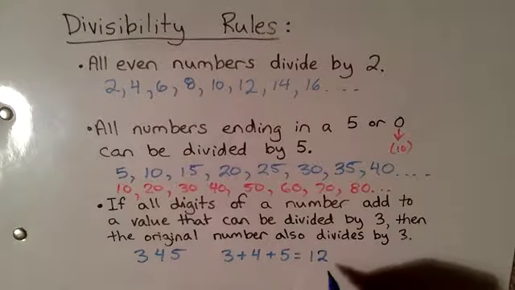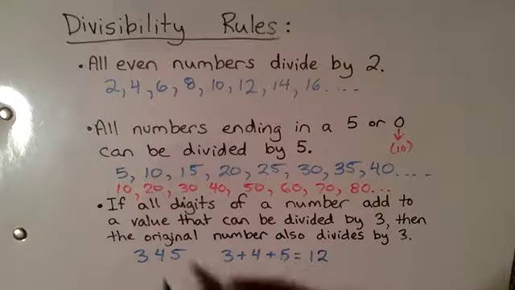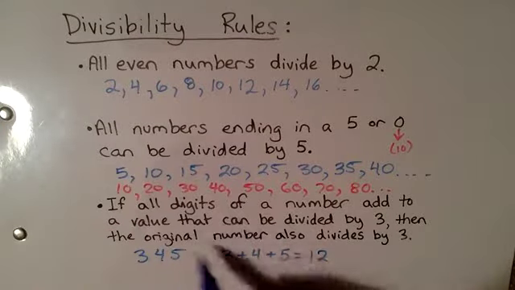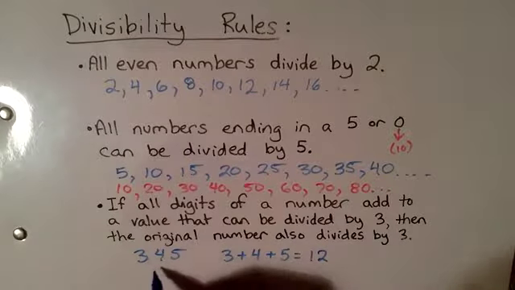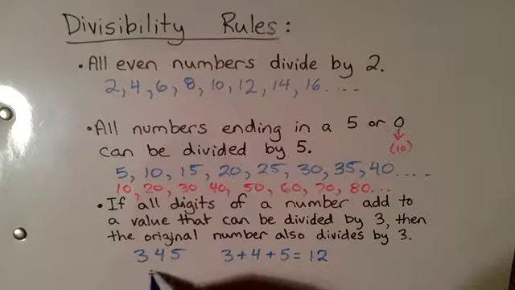Now, we know that 12 is divisible by 3. So, based on this rule, we know that 345 is also a number that can be divided by 3.